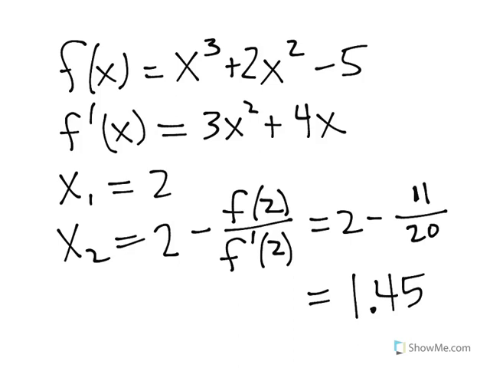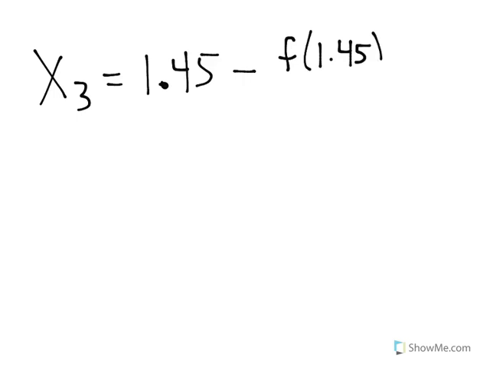Okay, let's see. We called this an iterative process. How do we keep going with this? Well, x3 is going to look like 1.45 minus, now be careful here, here's a common mistake I see. People want to do f of 2 divided by f prime of 2, but you're actually replacing that everywhere. So now it's f of 1.45 divided by f prime of 1.45.